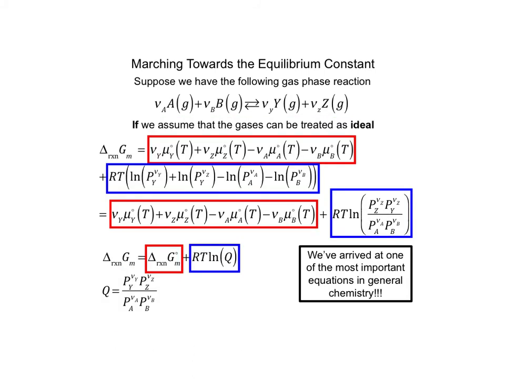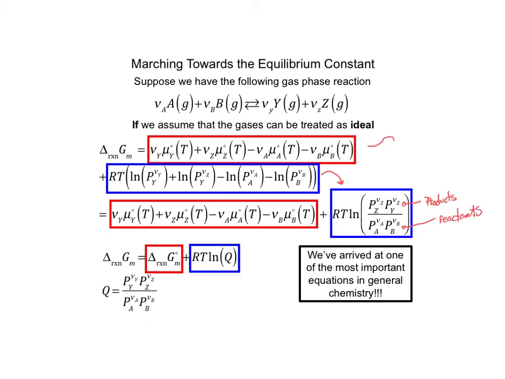So now what we're going to do is we're going to use our log rules, and we are going to realize that these pressure terms can be simplified down into this RT ln of P raised to the nu of these, products over the reactants.